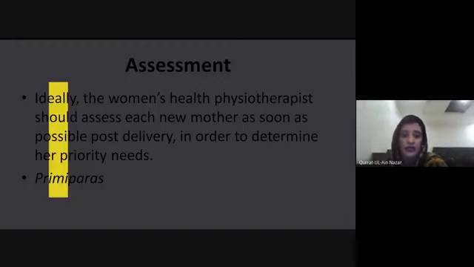Women who give birth to their baby by cesarean section are more likely to suffer from exhaustion and bowel problems, and they reported less perineal pain and urinary incontinence, but they were most likely to be readmitted.